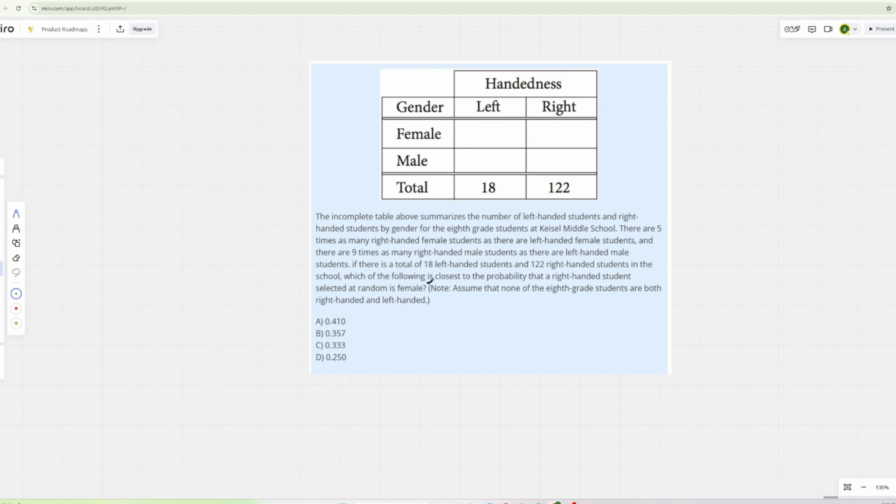These two sentences are the most important: there are 5 times as many right-handed female students as there are left-handed female students, and 9 times as many right-handed male students as there are left-handed male students. First thing I see, this is going to be a systems of equations question. So you're going to need to know how to set up your variables.